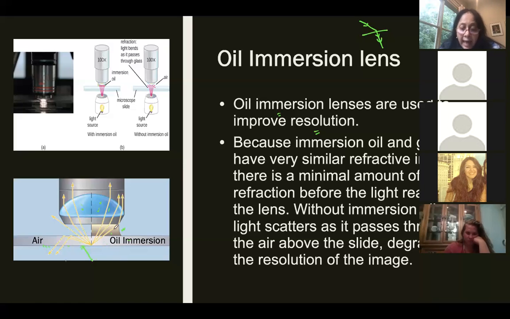So if we add immersion oil, light feels like it is going through the same media. Okay, it feels like it's the same media. So bending or scattering of light is much less here than here.